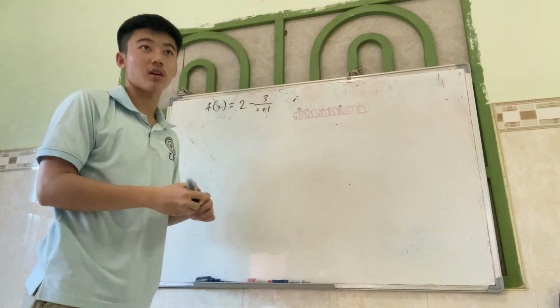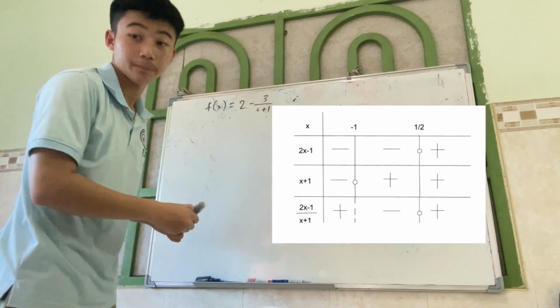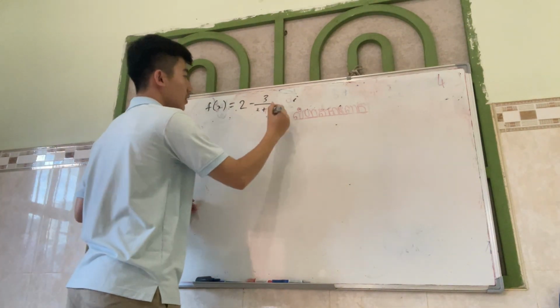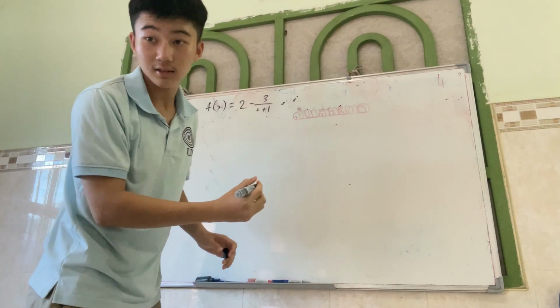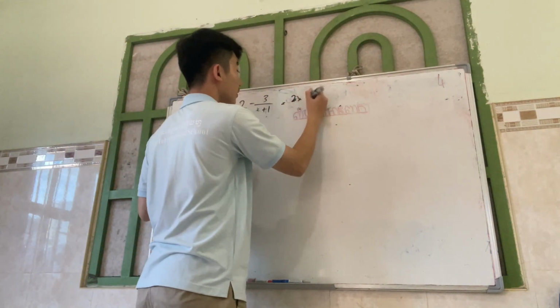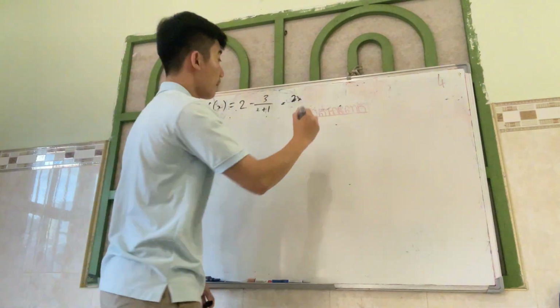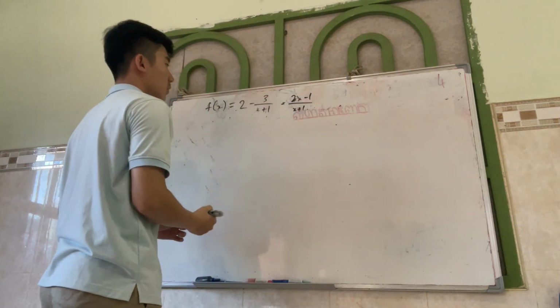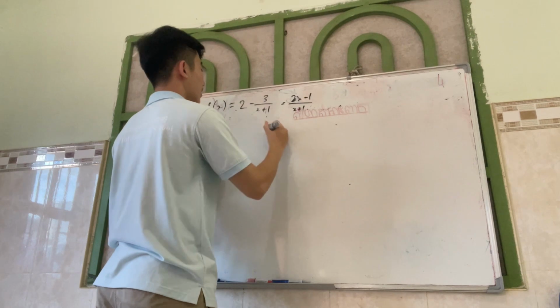Now we need to draw the sign diagram. This function can be written as 2x minus 1 over x plus 1. I'll show you how I get this.